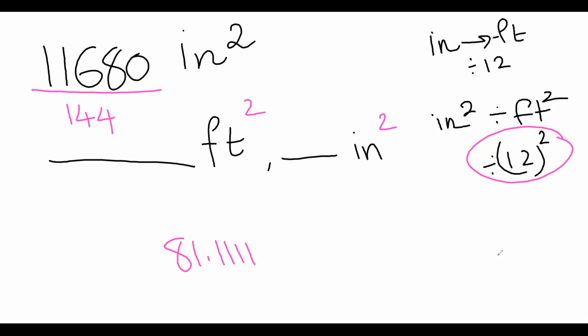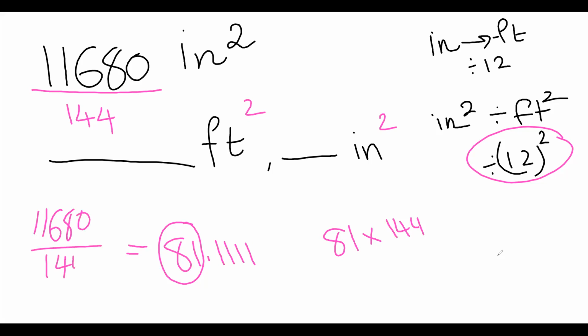The first step, I write it as a number with its remainder. Take 81 and multiply it by 144, because this number I get from 11,680 over 144.